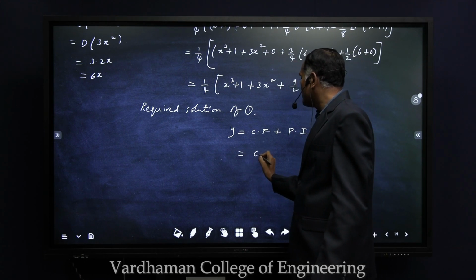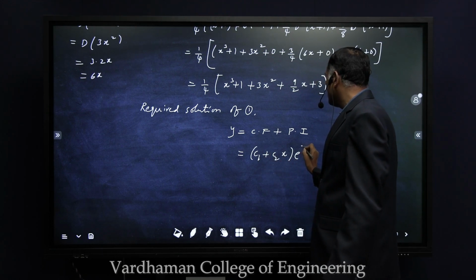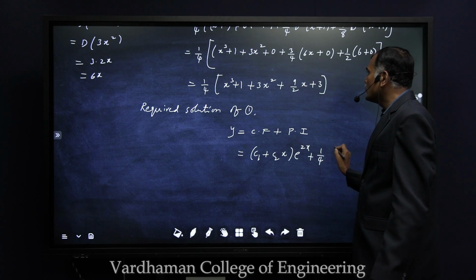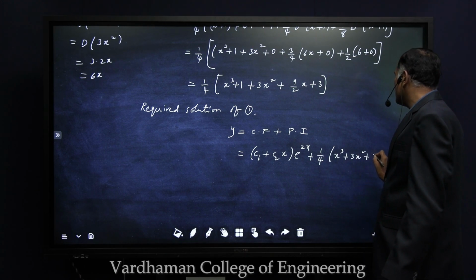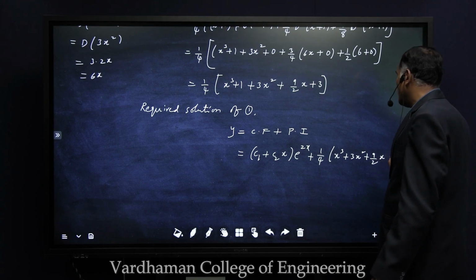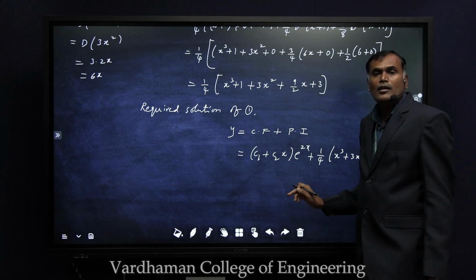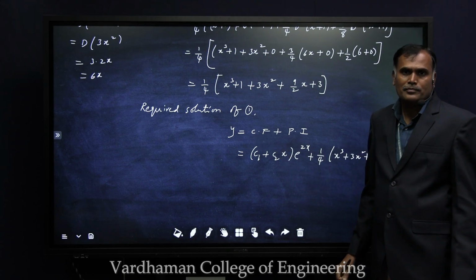The complementary function is (c1 plus c2 x) into e power 2x. The particular integral is 1 by 4 times [x cube plus 3x square plus 9 by 2 times x plus 4], where c1 and c2 are arbitrary constants. This gives the required general solution of the problem.